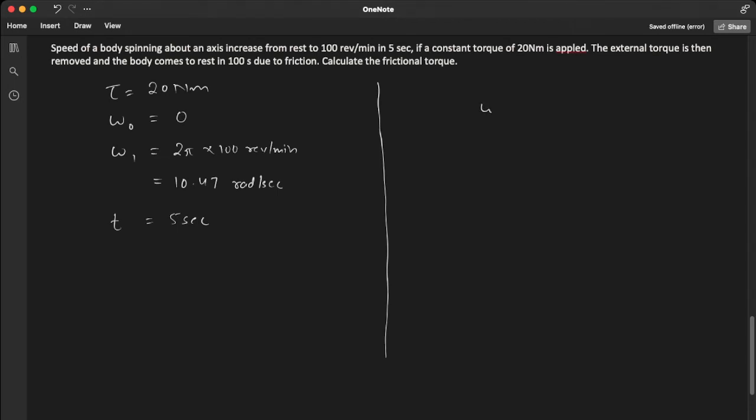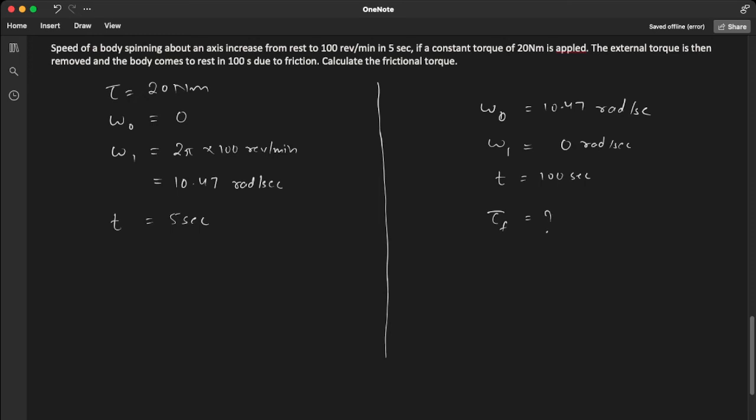So for that, our initial speed will be 10.47 radian per second, and the final speed will be rest, because it is retarding, and this takes time 100 second. Obviously this is the retardation, so there is friction, and we need to find that frictional torque, what frictional torque is applied because of which the speed is retarding.